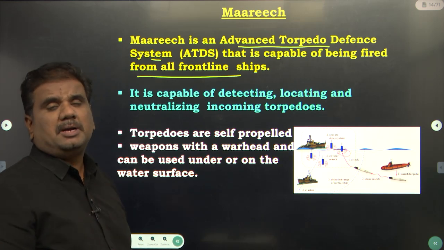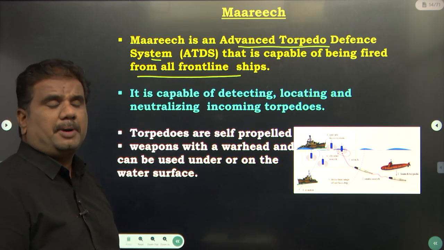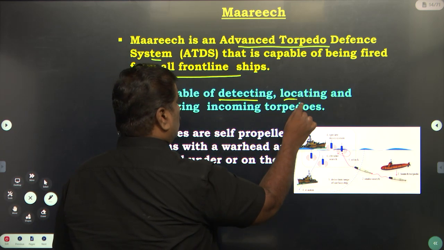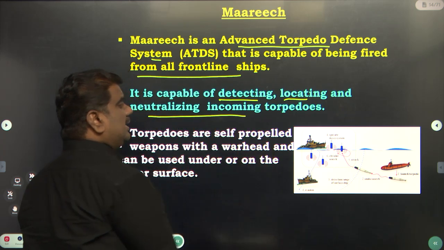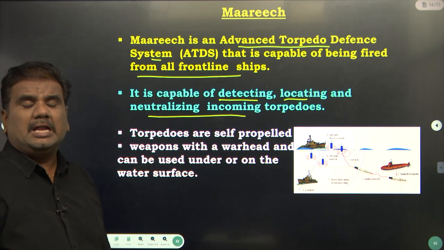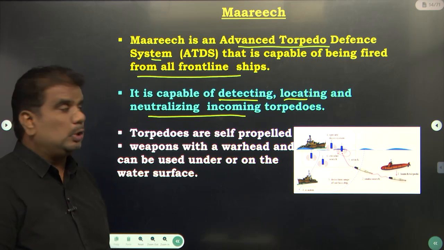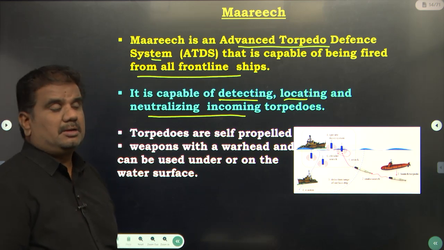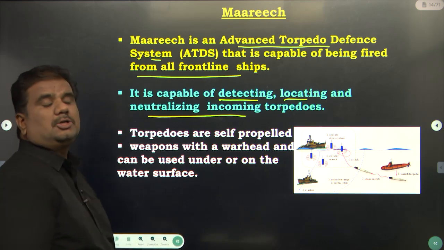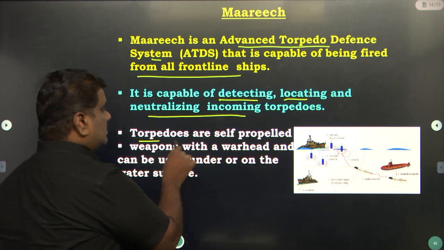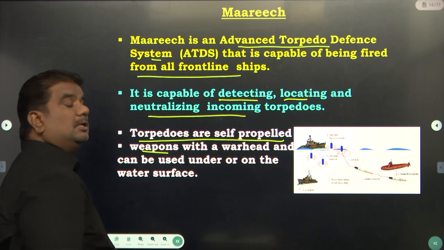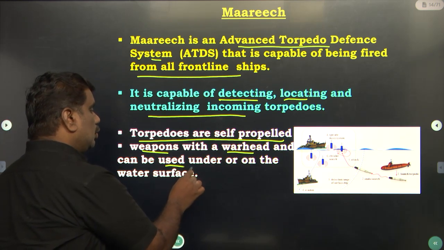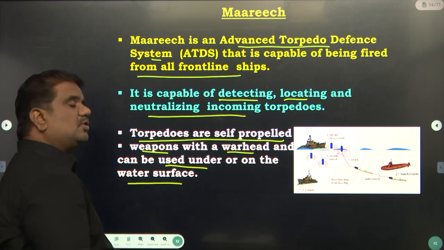It is capable of detecting, locating and neutralizing or destroying any incoming torpedoes. So what are torpedoes? Torpedoes are self-propelled weapons with a warhead and can be used under or on the surface of water.